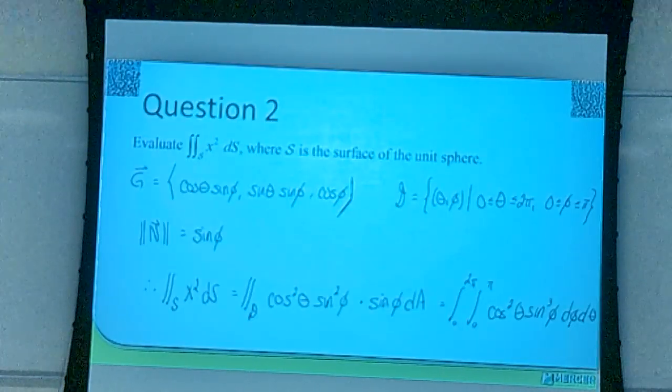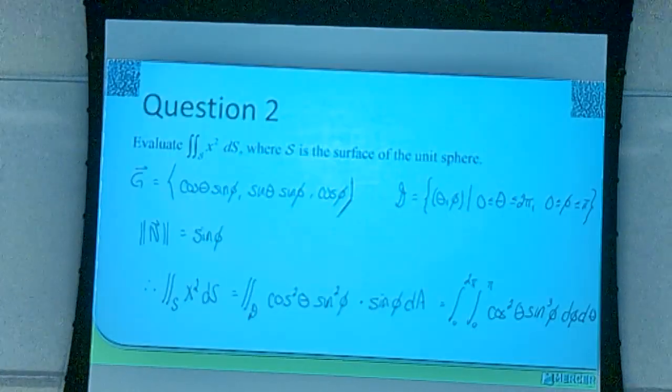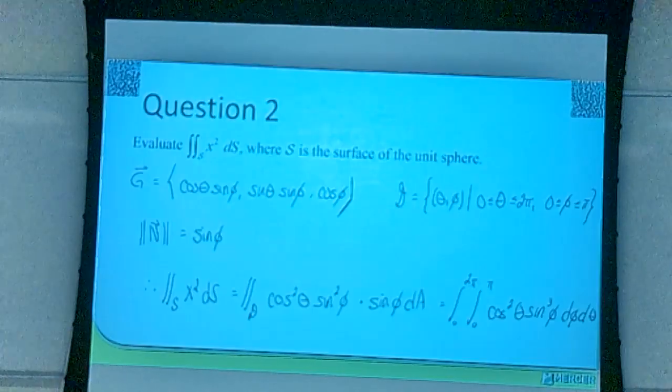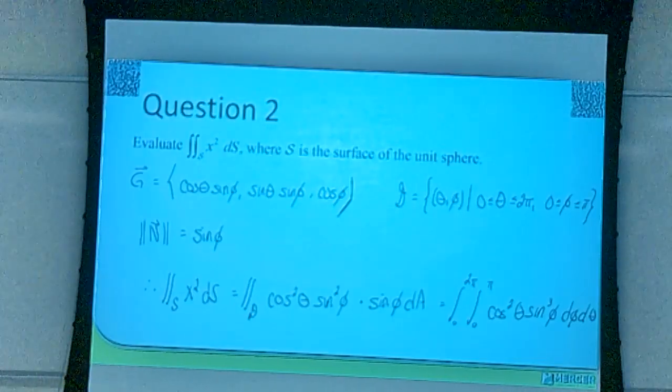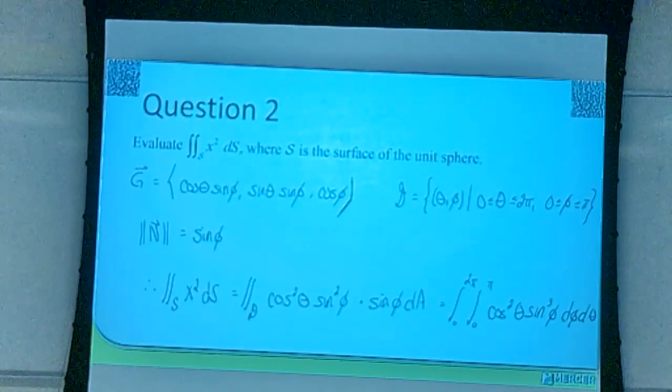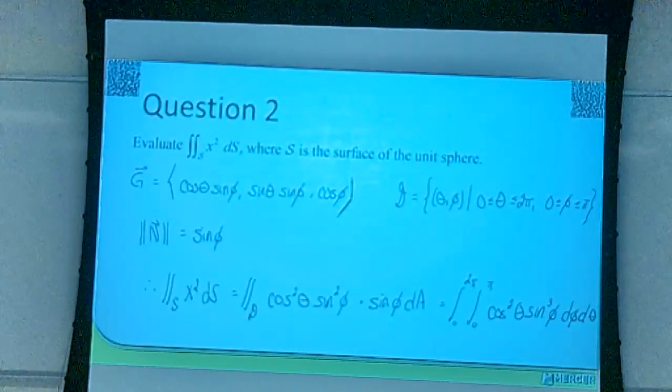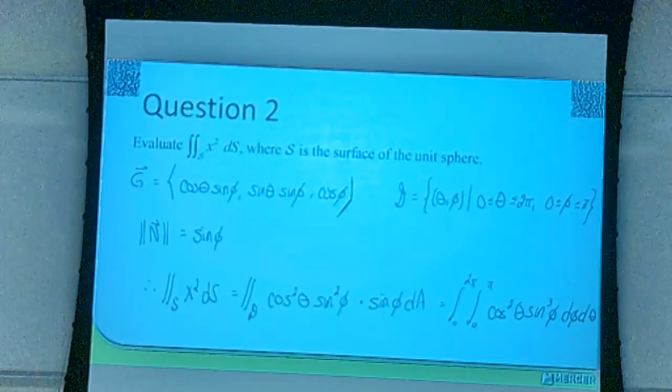Well, now we get to evaluate that integral. Let's do it by hand. Actually, I can just write it this way. It's a product of a function only of theta and a function only of phi, right?